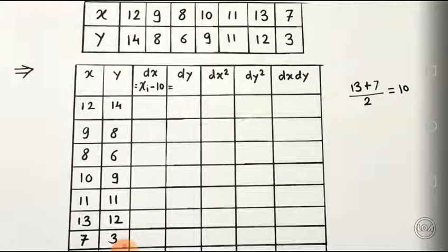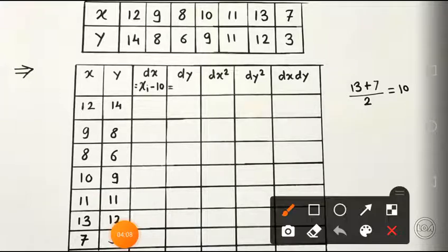In the next step, for calculating the value of dx, what we did is add the largest and the lowest item of the series, 13 and 7, that is 20, and divided by 2 is 10. So we'll assume x minus 10.